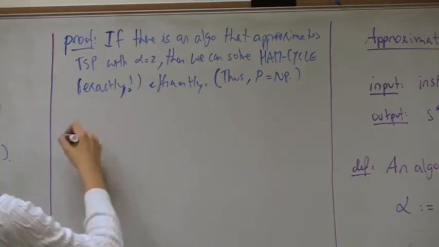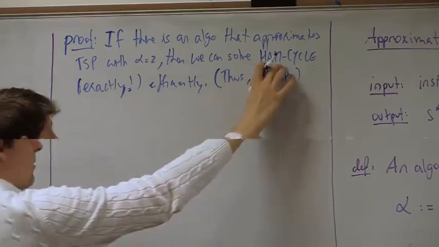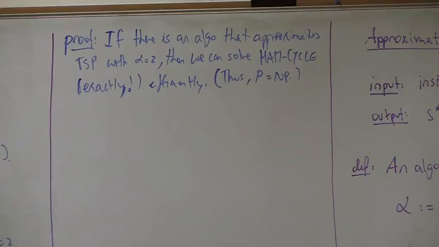Remember, the Ham cycle doesn't have distances. A Hamiltonian cycle just says, give me an undirected graph, no distances, and find some cycle that visits each vertex once. I don't care its length, just is there one.